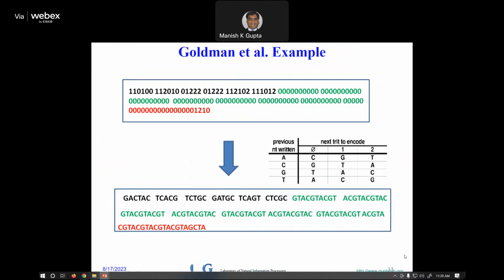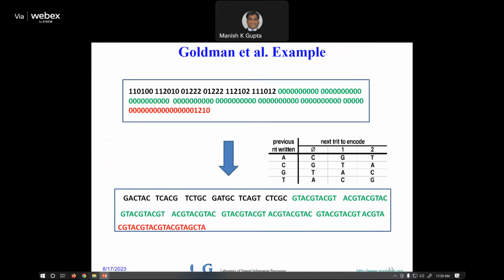Then the Goldman scheme. First time they use this map, which is a very beautiful map. We have worked on this further and we modified it. What it does: this map converts ternary strings into ACGT strings such that no two ACGT bits are repeated.